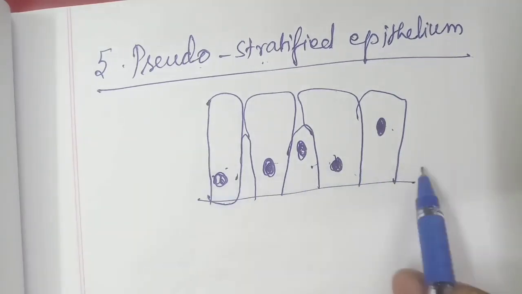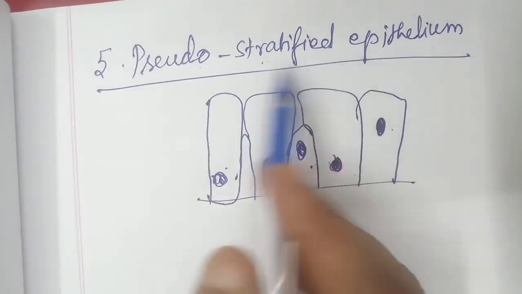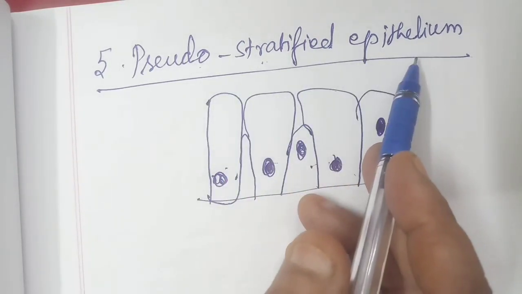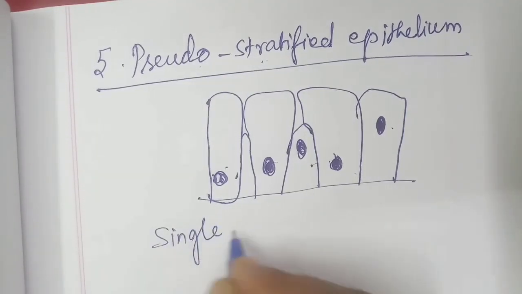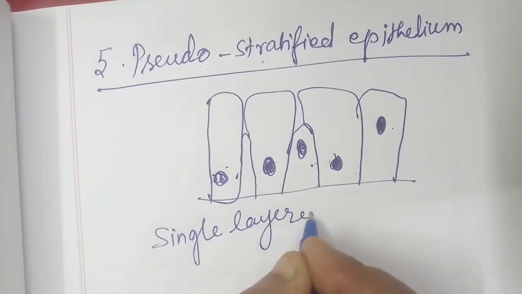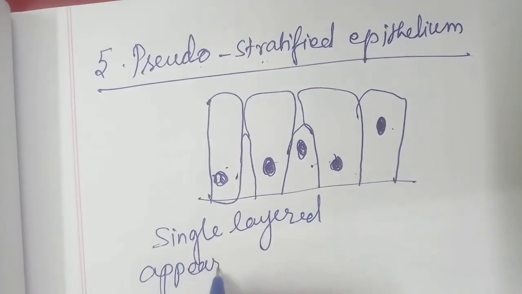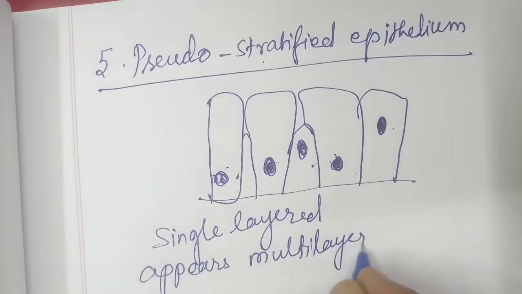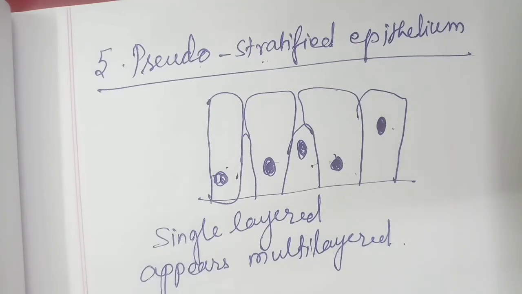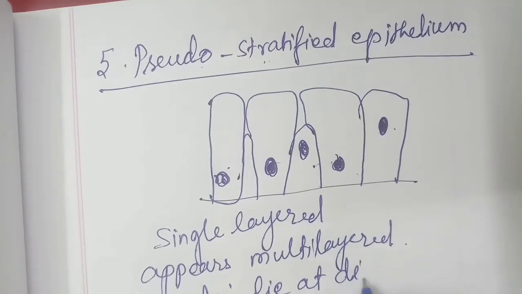See here, not in the same order, it is present at different levels. That is why it is called pseudo-stratified epithelium. Single layer, appears multi-layered, very important term, because nuclei lie at different levels.